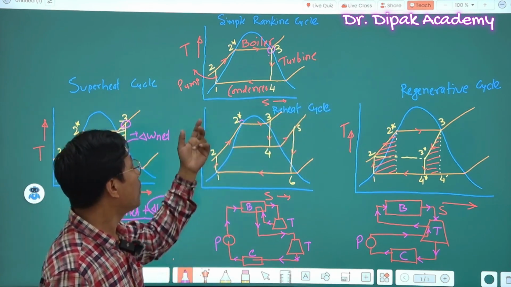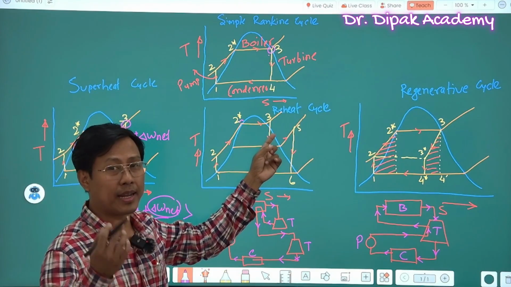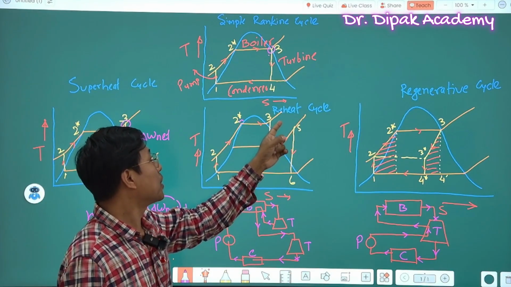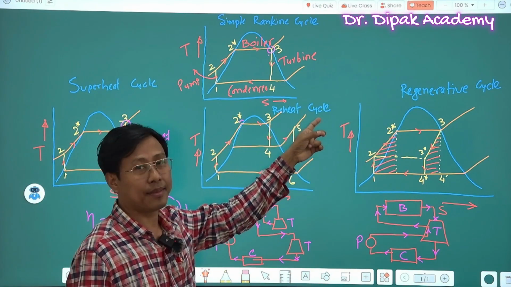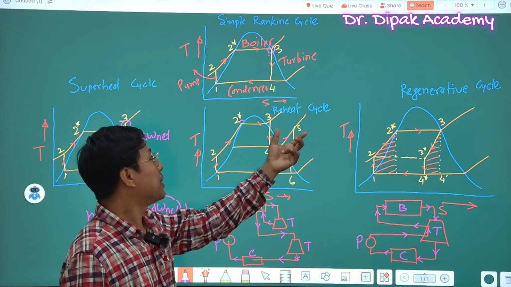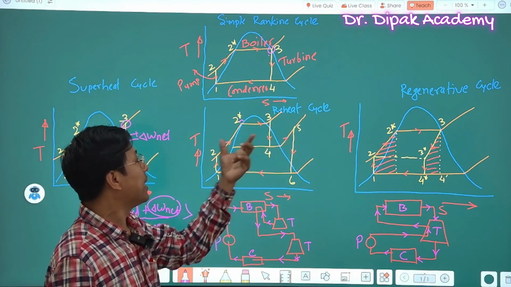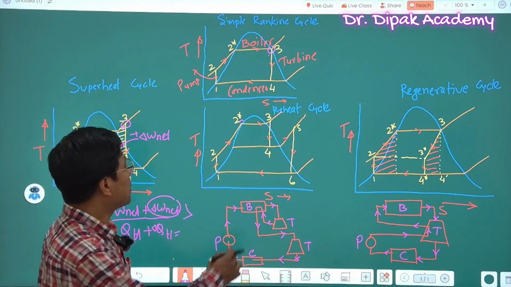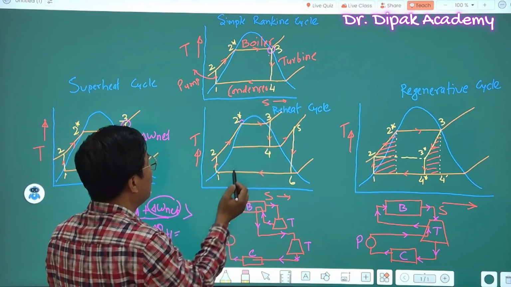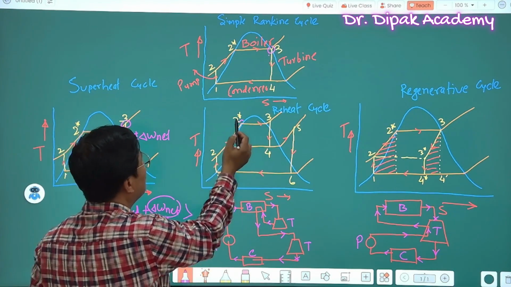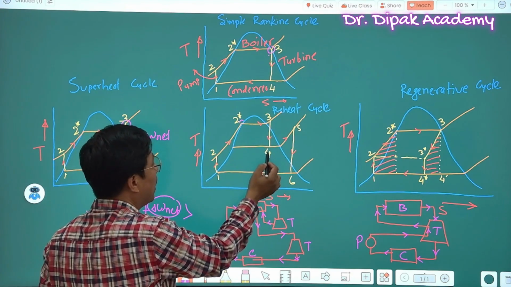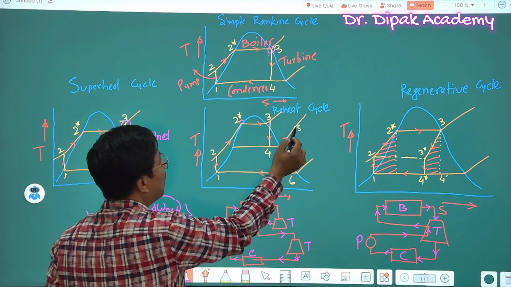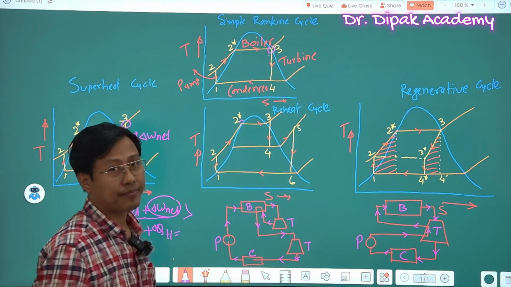Now we'll move to the second modified Rankine cycle, which is called the Rankine reheat cycle. Here you see in this reheat cycle some modifications are there. We have 1, 2, 2 star, 3, 4. Again from 4 it will come to 5 and then 6.